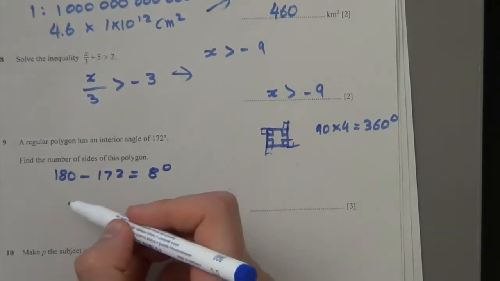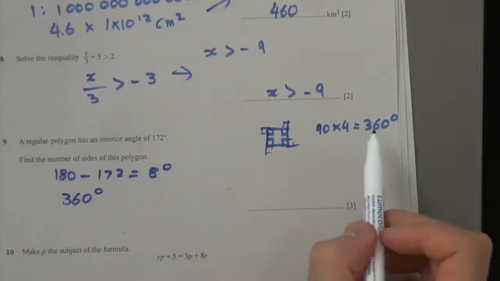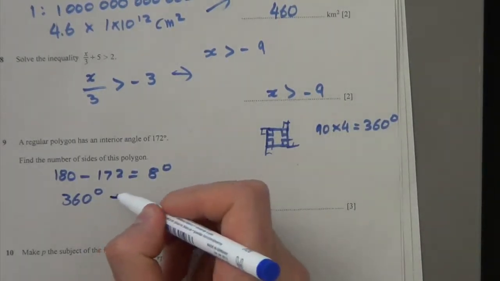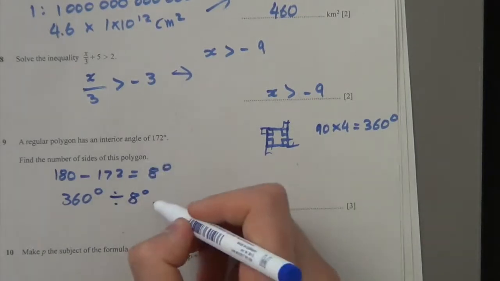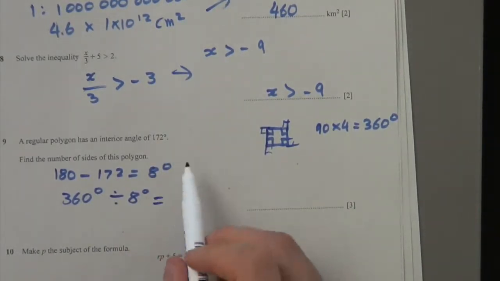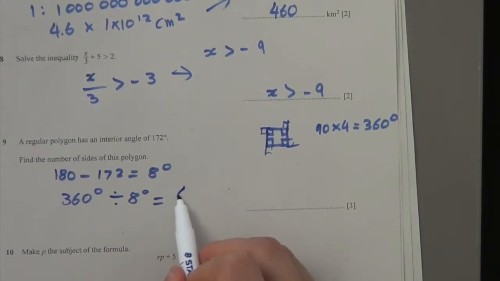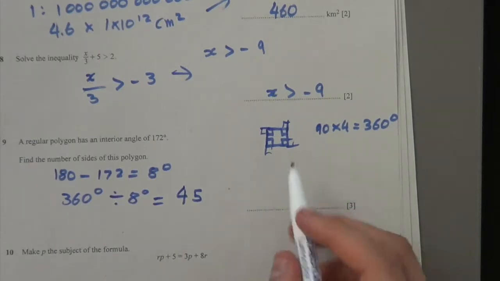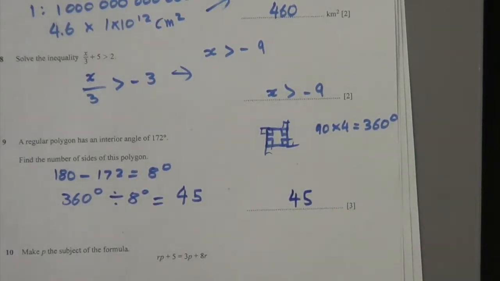Now I'm going to do 360 degrees, which is the total sum of the exterior angles, divided by 8 to give me the total number of exterior angles on the outside, and that gives me 45. And that gives me the number of sides as well. So the answer is 45 sides.